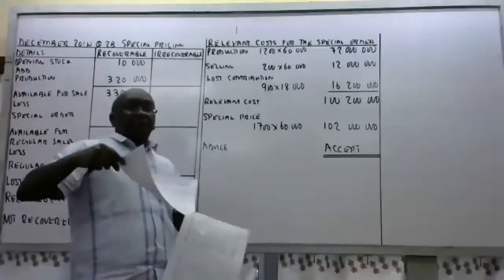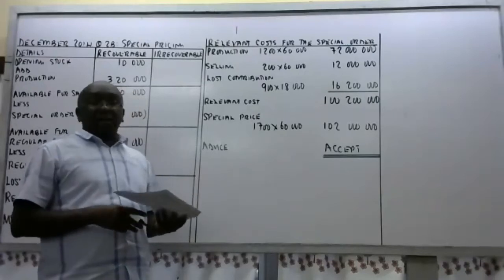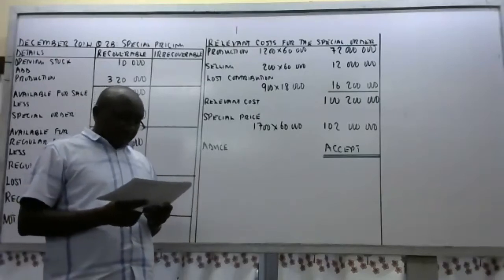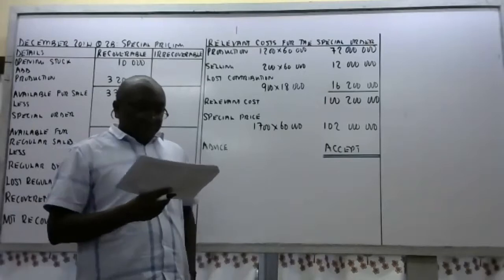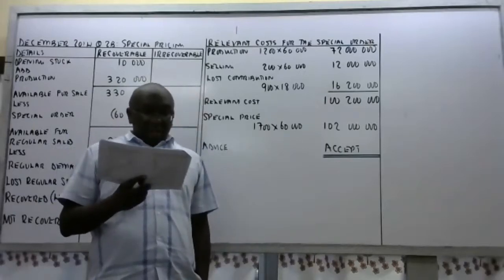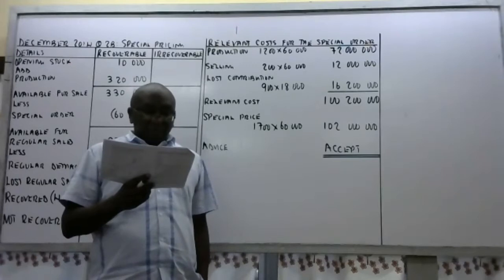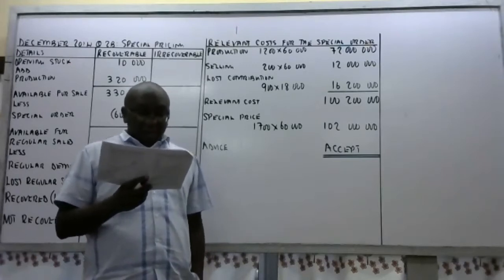Good. Now from there, we have advised, that is Roman 1, the management on whether to accept the special order. Then number 2, the lowest price the vendor could charge for the minimum order so as to be indifferent between the existing production and the special order.